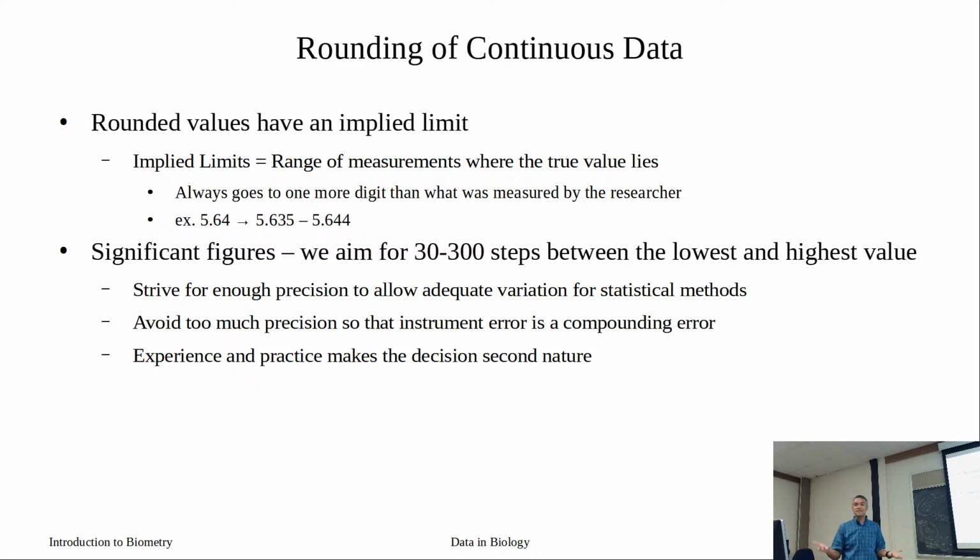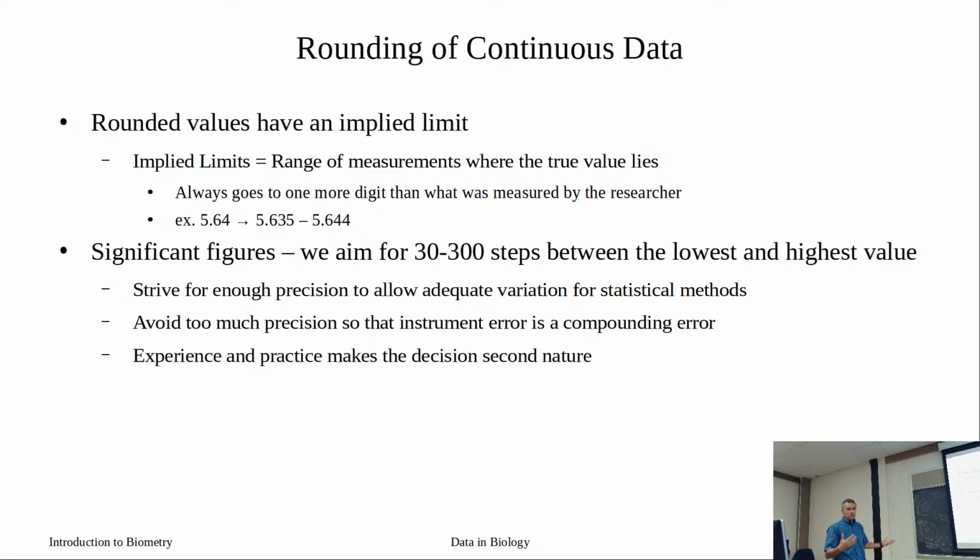Those 2 points are basically the points that are going to be rounded down or up to that value 2. So for us, it's going to fall anywhere between 1.5 grams and 2.4 grams, because those are the values that would round to it. All right. So with our implied limits, we always look at wherever that last digit we rounded, and then we always go one more digit to make our implied limits.